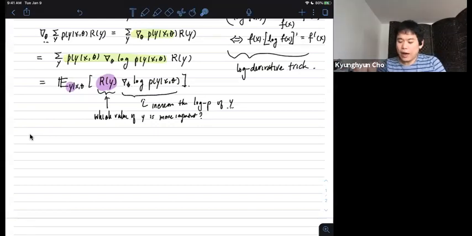So that's fine. However, in the most generic sense, we cannot assume that we can try all possible values of y and then receive the rewards from all those values. For instance, let's say I want to build a self-driving car.